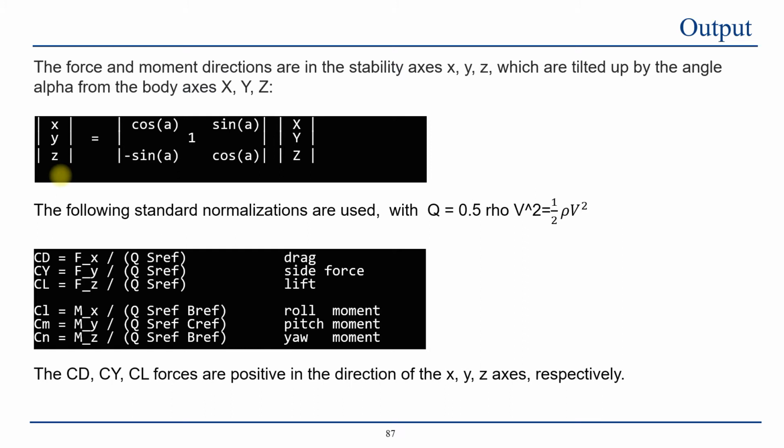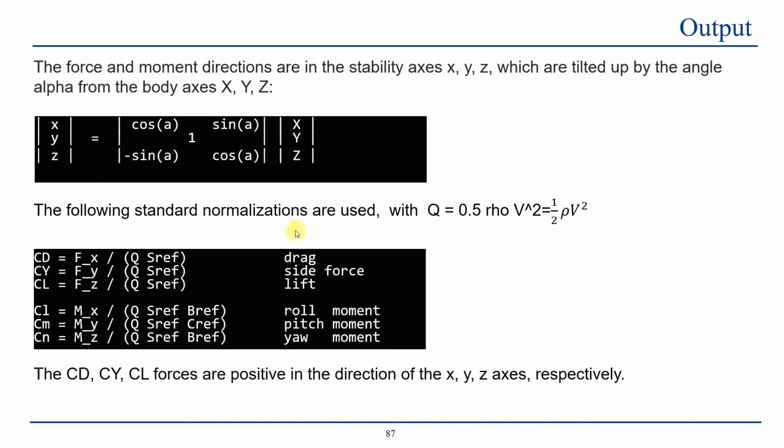So that's why the stability axes were created. And the only difference between the stability axis and the body axis is that they are tilted by the angle of attack, or alpha, about the y-axis of the aircraft. And this is the transformation matrix from the body axis to the stability axis.